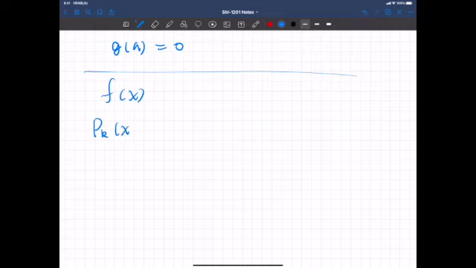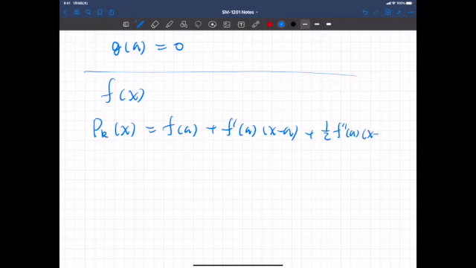So p_k of x is a polynomial function: f of a, plus f prime of a times x minus a, plus 1 over 2 f double prime of a times x minus a squared, and so on. And we take up to the kth order derivative. And this is a kth order polynomial.